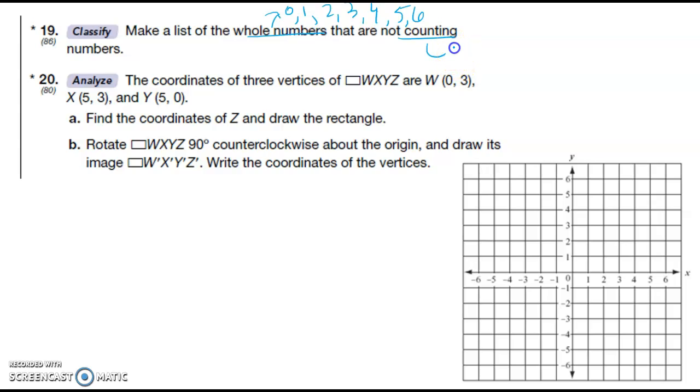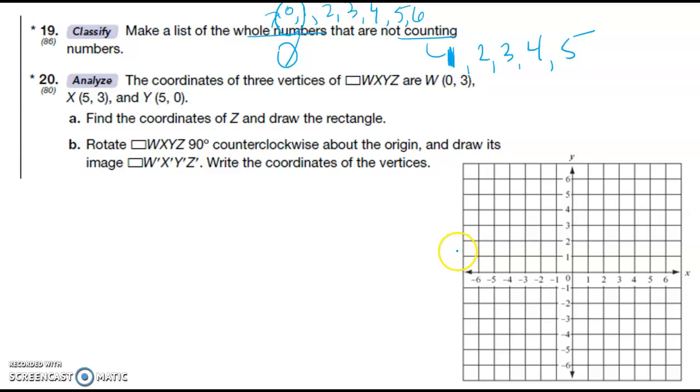So we always start at 1. We have 1 chicken, 2 chickens, 3 chickens, 4 chickens, etc. So the only number that's not part of either of these is 0. So 0 is the only number that's not a counting number because neither of them cover negative numbers.